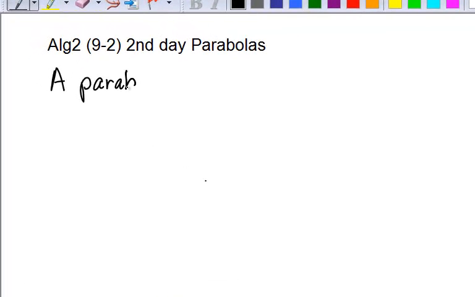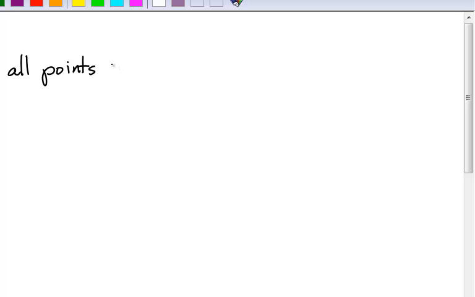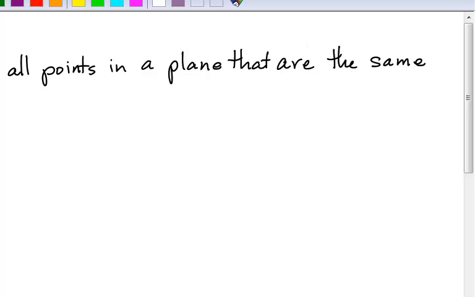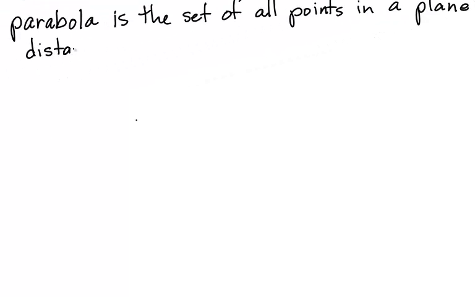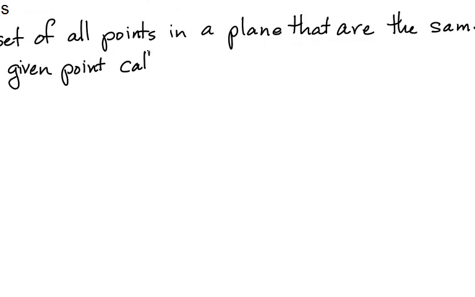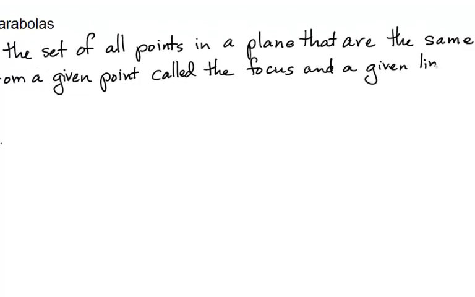Parabola is the set of all points in a plane that are the same distance from a given point called the focus and a given line called the directrix.